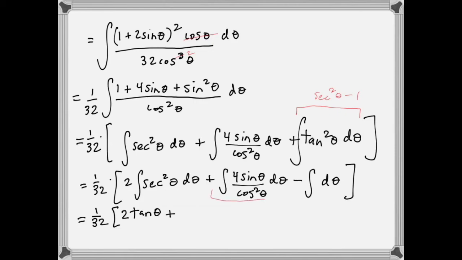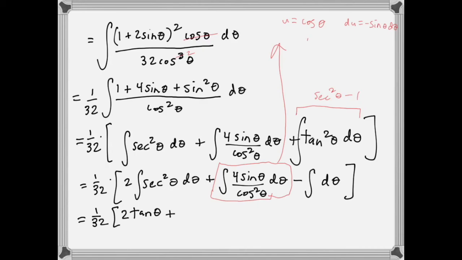Let me look at this guy. Can't I, for this guy, just let u equal cosine theta? Because the derivative of sine theta appears on top, right? So this means that du is negative sine theta d theta.